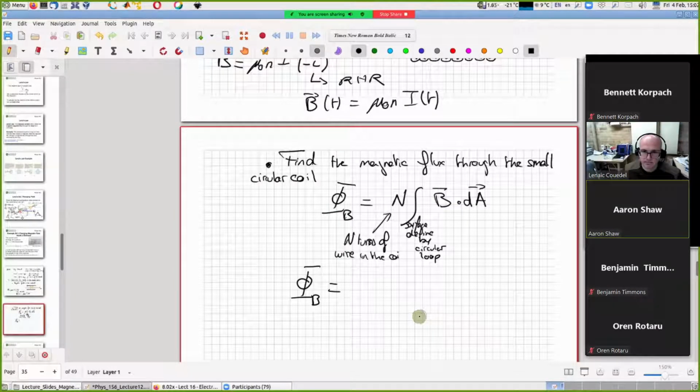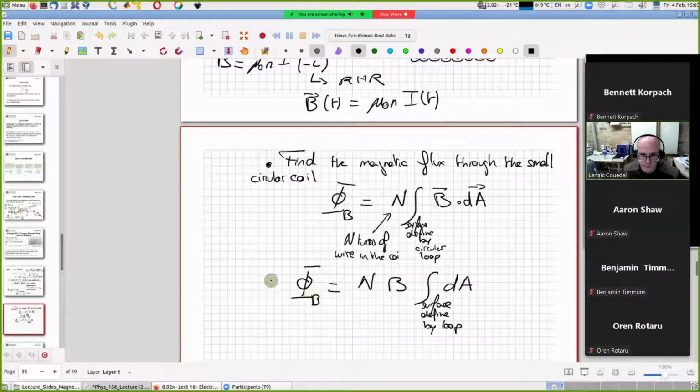It's 1, or B. Yes, it's B times dA. The integral, no vector, over the surface defined by the loop. And I will just put an absolute value here because right now we don't care about the sign.